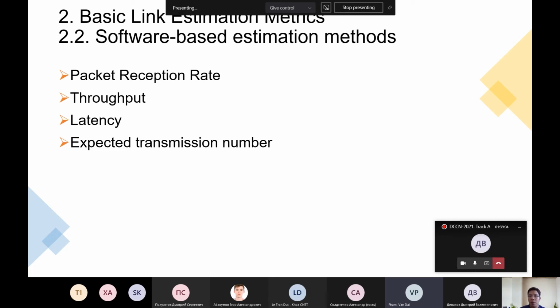As a result, an accurate estimate can be obtained in the short term with high or low link quality. On the other hand, a larger window size is required to obtain packet reception more accurately. Another method considers the expected transmission count as a metric for link quality estimation. That means how many transmissions are required to transmit the packet successfully, considering the number of lost packets.